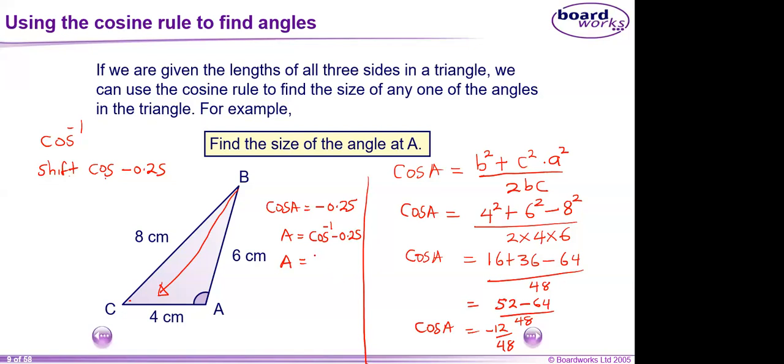Okay, 104.5 degrees. Now, members, you are going to get your answer like this. But whenever we are writing an angle, you can write it to not more than 2 decimal places. So you can write it as 104.48 degrees, or you can write it as 104.5 degrees. Hope that is okay.